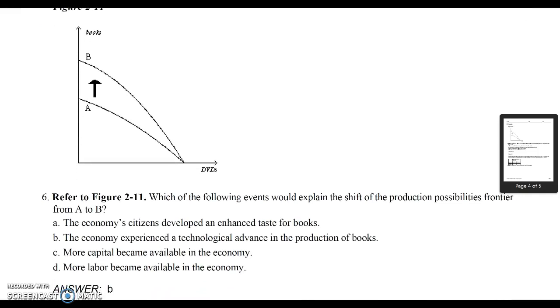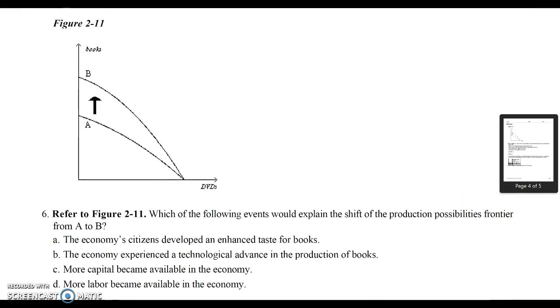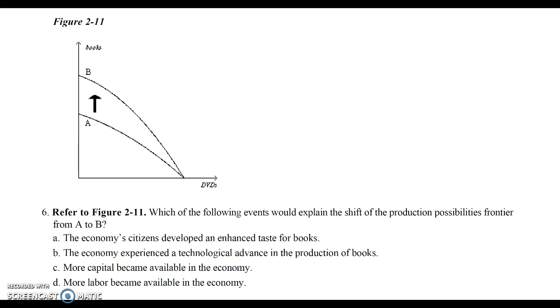All right, number 6. Oops, number 6 has the answer marked. We're just going to go with that. But number 6 says, which of the following events would explain the shift of the production possibilities from A to B? Now remember, if you're on the curve, you are efficient, but if you are outside of the curve, that is what happens when you have growth. So in order to shift outside the curve, you have to be able to produce more of something.